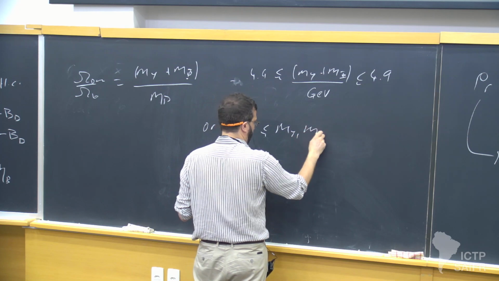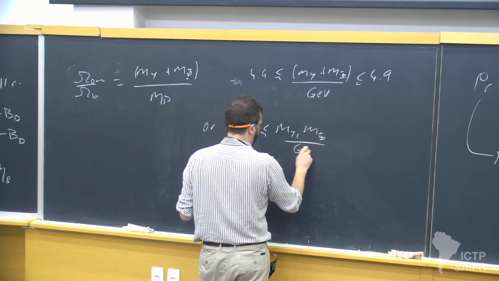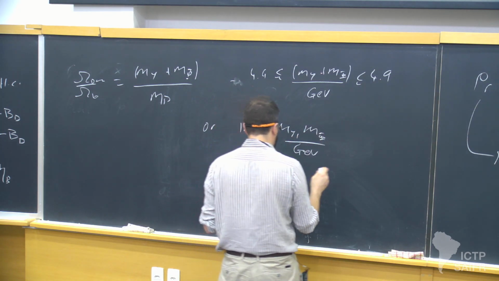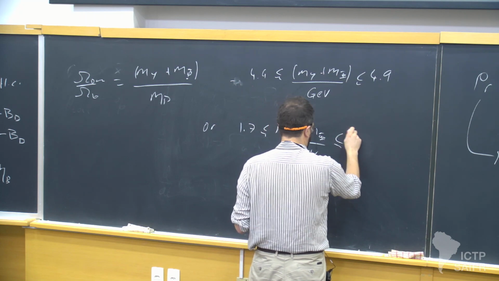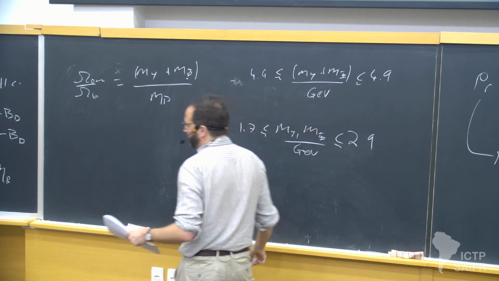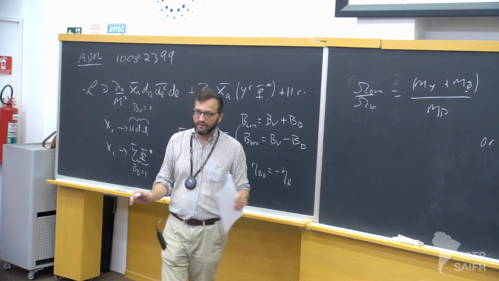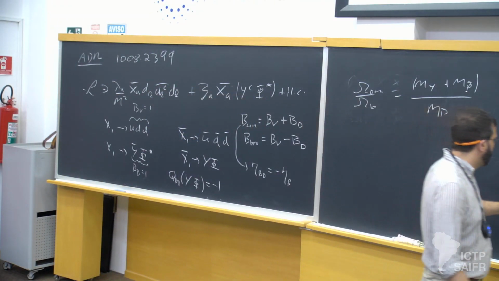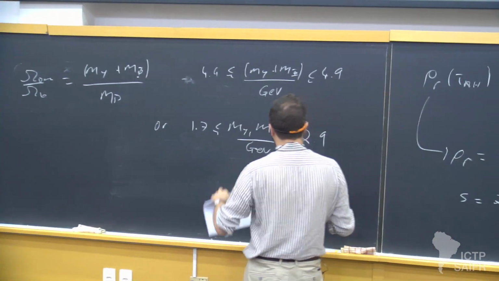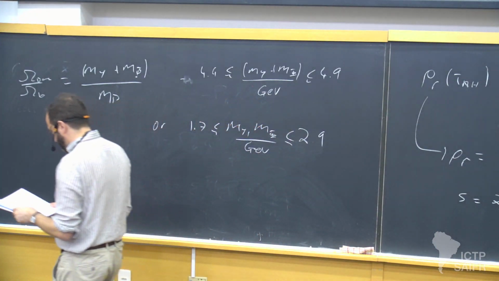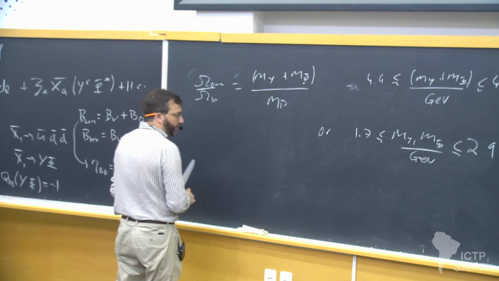So given the kinematic constraints that we talked about yesterday, to avoid the nucleons decaying into the dark matter particles, we need these individual masses to be between 1.7 and 2.9 GeV.